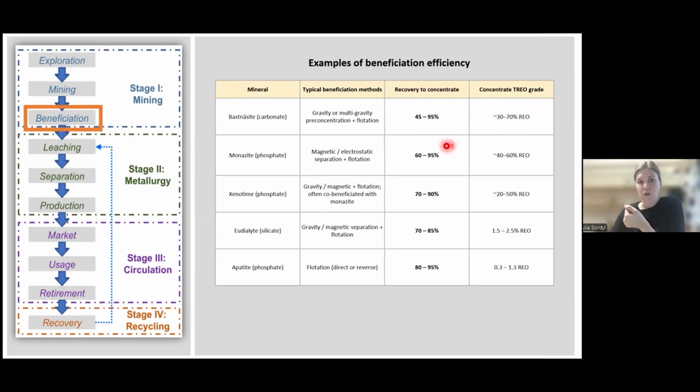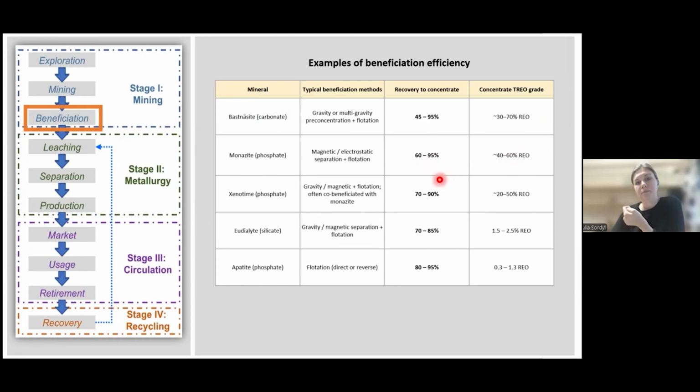A similar thing is with monazite, which is a phosphate, with a different method of beneficiation and also different recovery to concentrate. Again, the same story. Lab and pilot tests usually yield higher recovery, industrial scale usually a bit lower, but still okay because the concentrate is high grade.